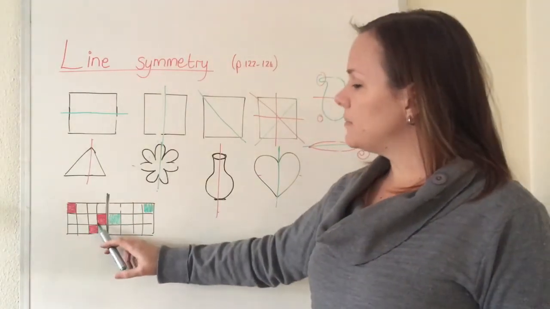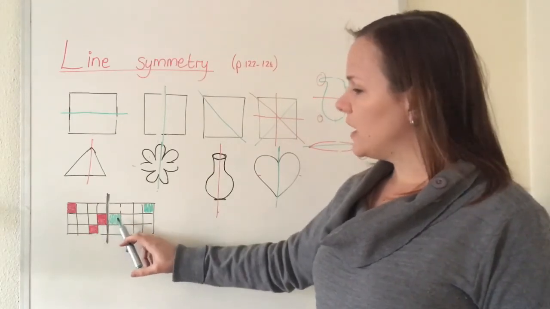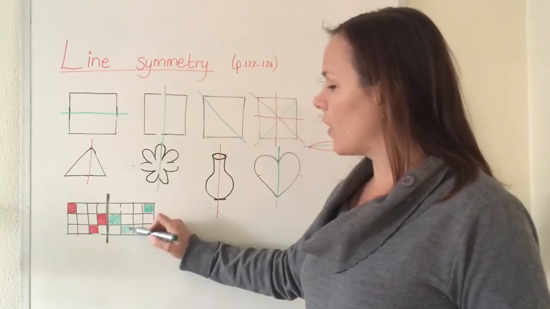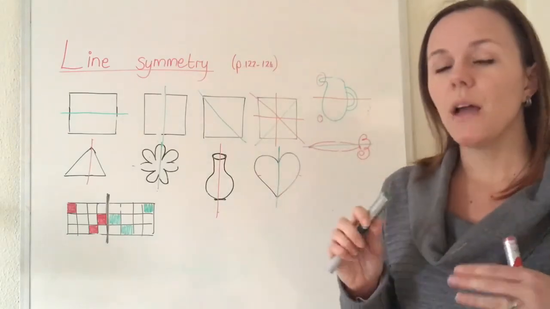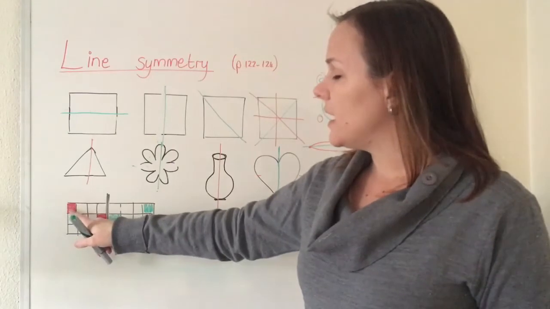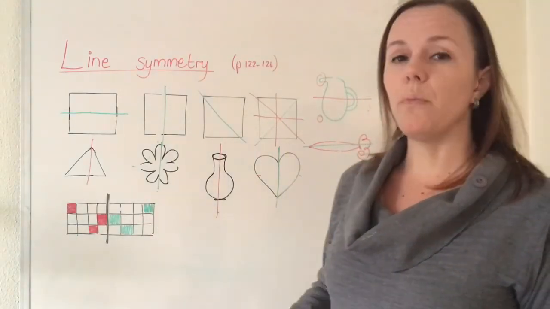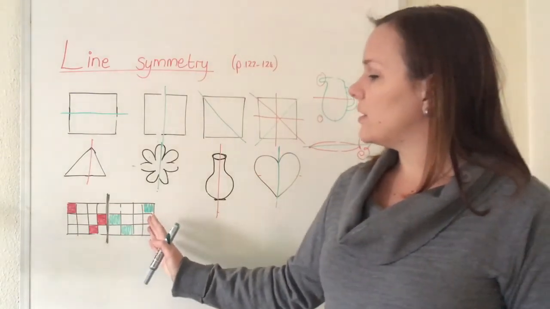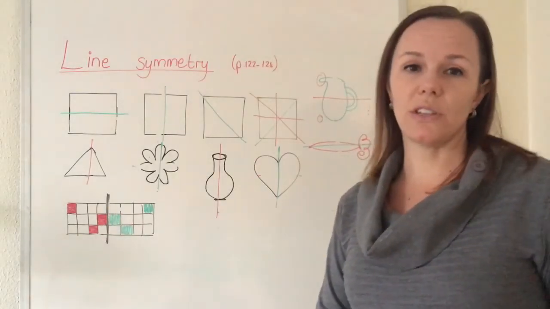And this one is 1 down and 1 to the left from that one. So this one's going to be 1 down and 1 to the right. Okay, so we don't swap around top and bottom, but we do swap around right and left. So this one is top left, then this one will be top right. And now the green blocks are the mirror image of the red blocks over there.